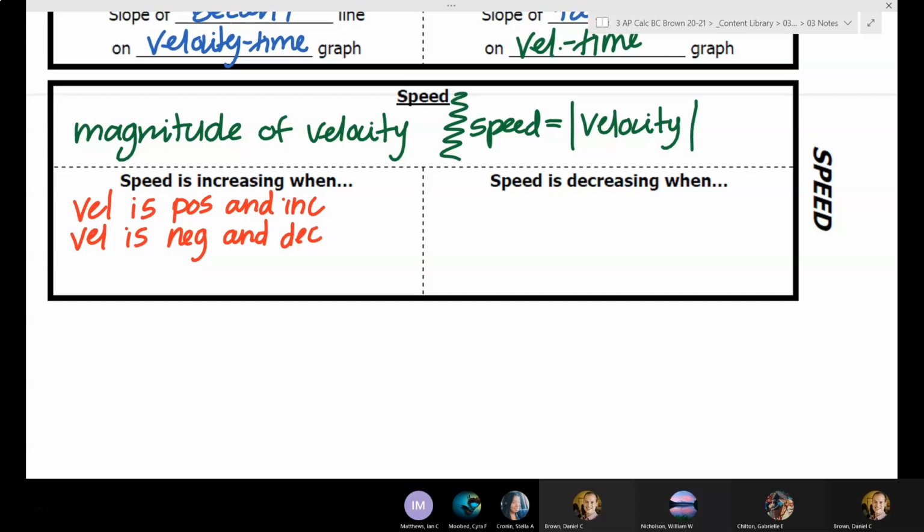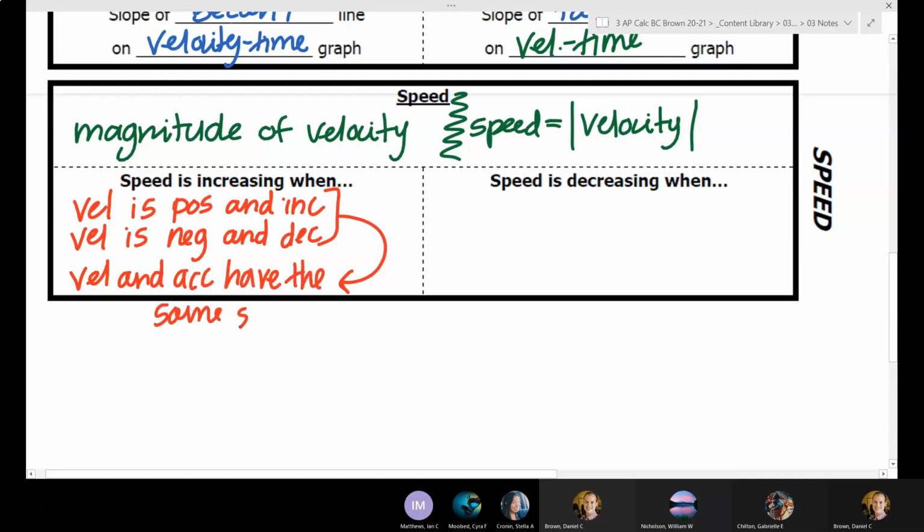The way that we can justify this, the increasing and decreasing is really the acceleration. So one way to prove that the speed is increasing is that the velocity and the acceleration have the same sign. So either the velocity and the acceleration are both positive, or the velocity and the acceleration are both negative.